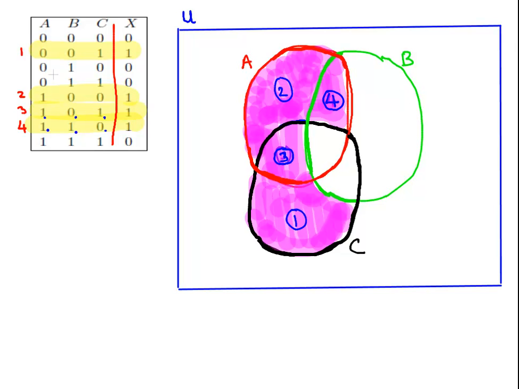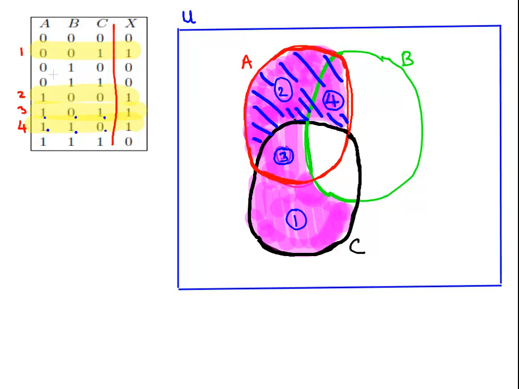Now, the next thing we're asked to do is describe the shaded region as simply as we can. So that's a bit of work. What we're going to do is break it up into chunks. Essentially it comprises a good part of A and a good part of C. So I suggest we partition it into two parts. I'll leave one shaded area untouched, but shade this blue area here with stripes through it.